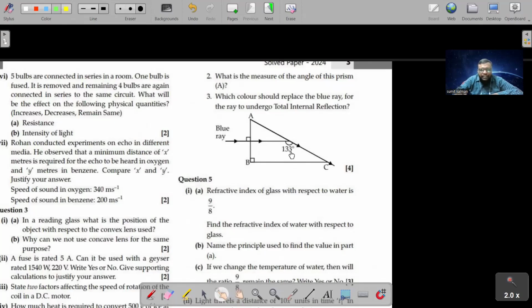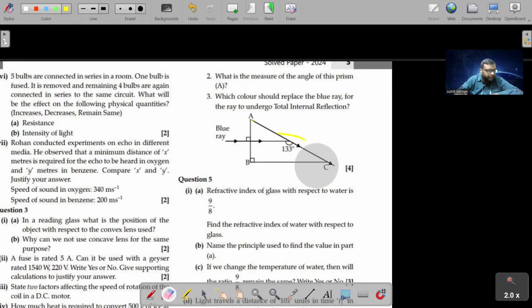So this 133 degree, it is the angle between the ray inside the prism and the surface AC. So this is 133 degree.